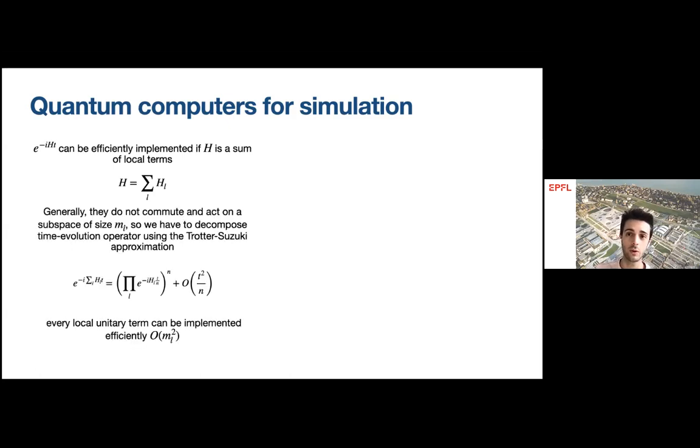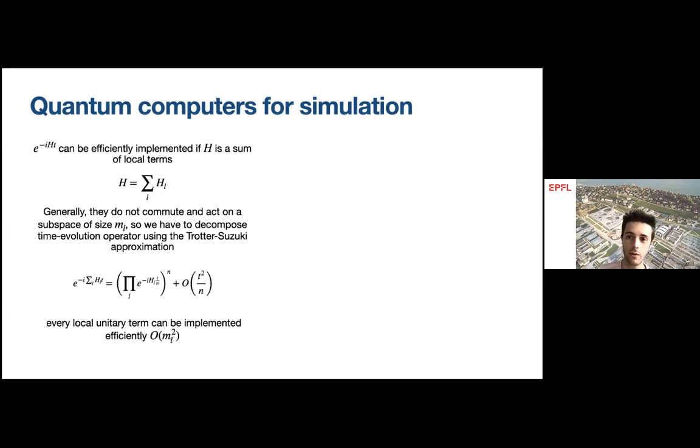So what we can do is take the time evolution operator and approximate it using the Trotter-Suzuki approximation. What does the Trotter-Suzuki approximation do? We have our time evolution operator, and we decompose it into a product of local time evolution operators. And this product is repeated n times.